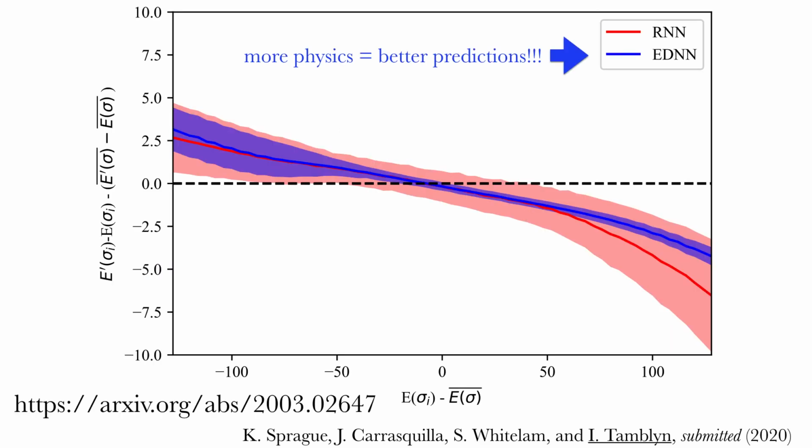Moreover, what I find particularly exciting about this is if you take these two models, the RNN model and the EDNN model, and you compare them against the ground truth energies, naively, I would have thought the RNN will probably do a better job because it was closer in some sense to the labels, right?